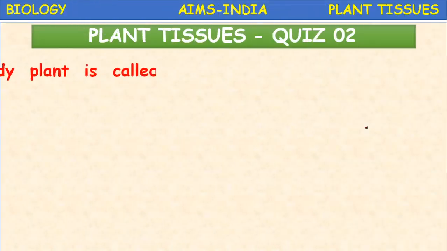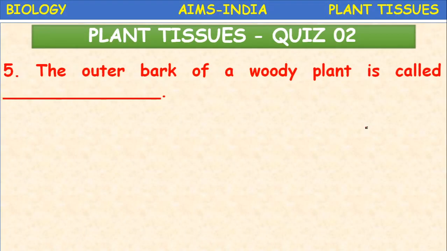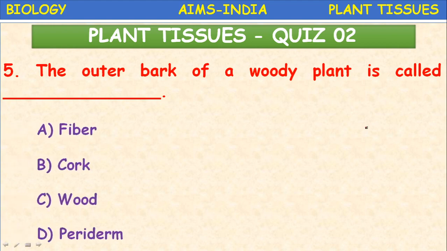Next, the outer bark of a woody plant is called fiber, cork, wood, periderm. The outer cork, so it is the outer bark of a woody plant is called the periderm.